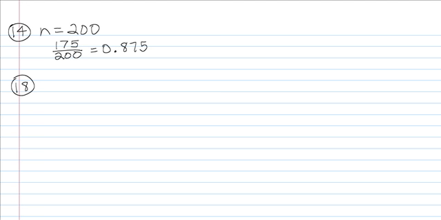So the total length of the tunnel is 8 miles, and we want the probability that the mileage is greater than or equal to 6.